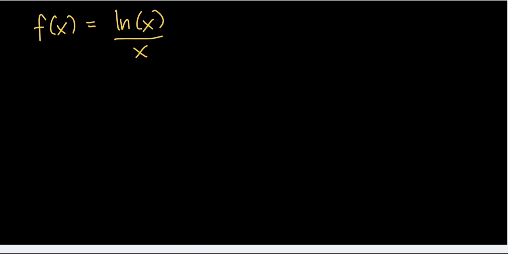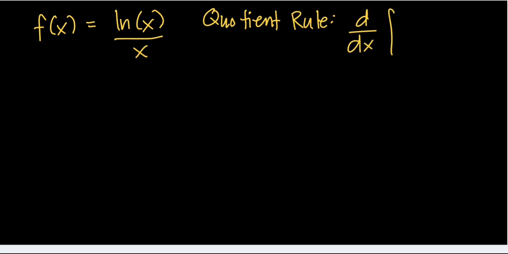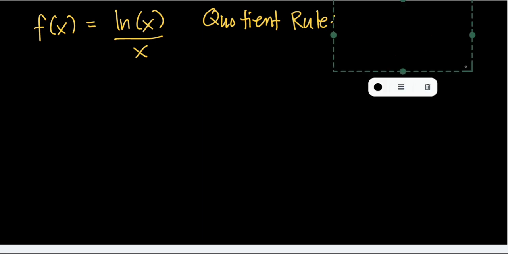Okay, find the first derivative of f of x equals ln of x over x. So we can use the quotient rule. Over g, okay, quotient rule.